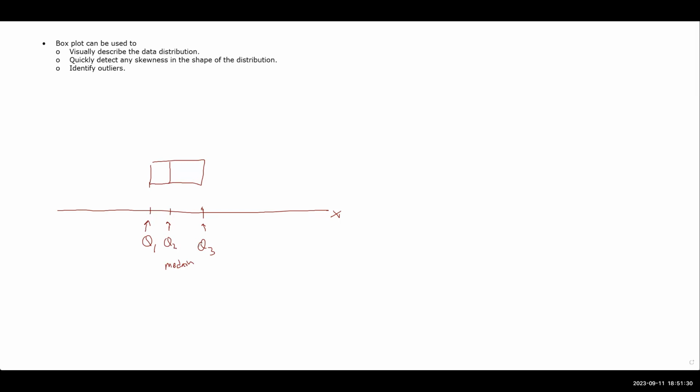From here, we're going to calculate something called the interquartile range, IQR. The interquartile range is just Q3 minus Q1, the value at Q3 minus the value at Q1.